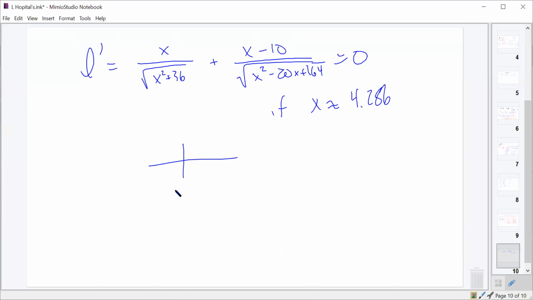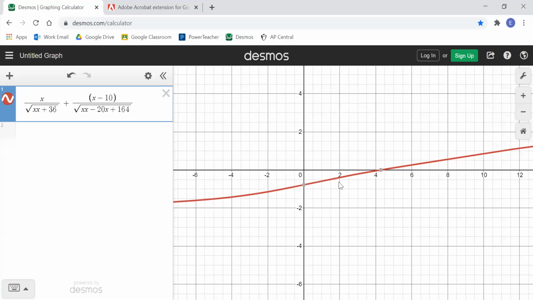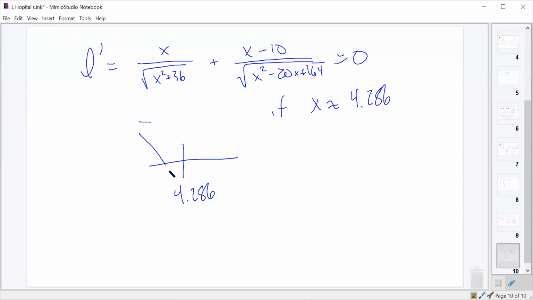And using our sign chart, the derivative goes from negative to positive. That means that our function goes from decreasing to increasing, and it means that we have a minimum there. Is that good for everybody?